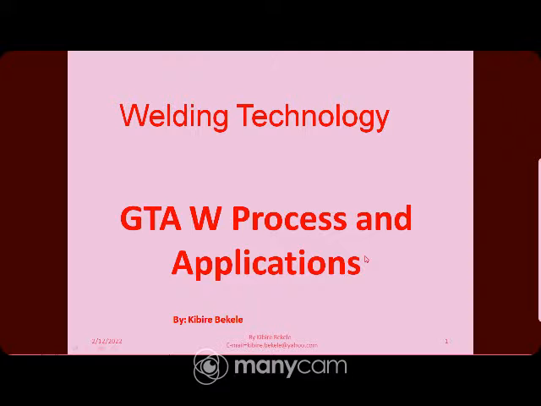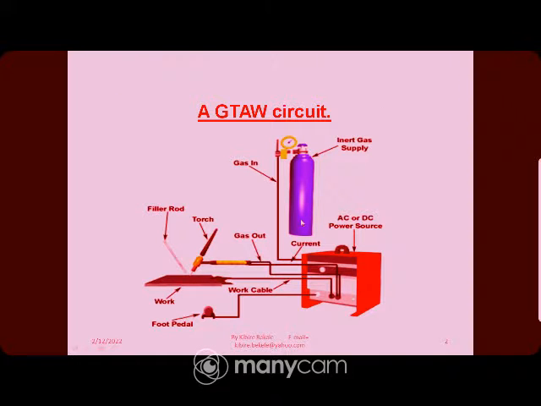This welding process is a type of arc welding process. As you see from this figure, it indicates all the parts of the gas tungsten arc welding process, which, as we know, is abbreviated as GTAW.